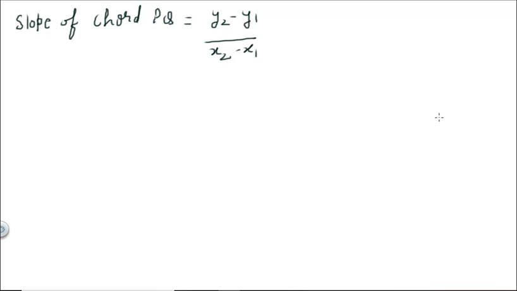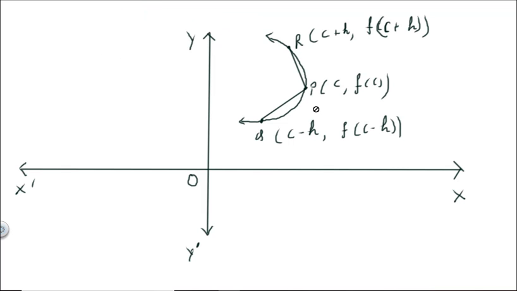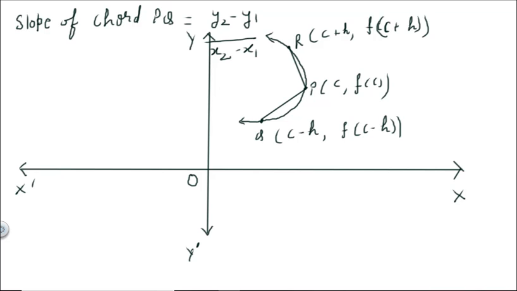Coordinates of P, as you can see from the graph, are (C, f of C), and coordinates of Q are (C minus h, f of C minus h).